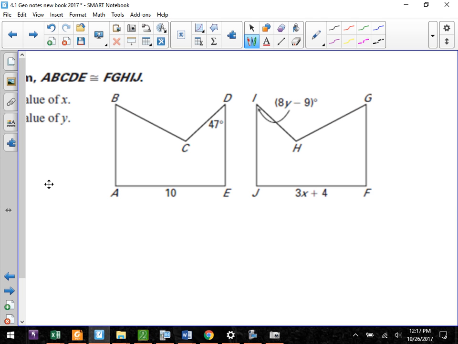Okay. Now, if I say that this is D, that's the fourth letter, right? What's the fourth letter in the other one? Okay. So do I need to even worry about writing anything out? Because I know right away, just by looking at the information, these two have to be equal. I know that 8y minus 9 has to be 47. Okay? See where I'm going with that?